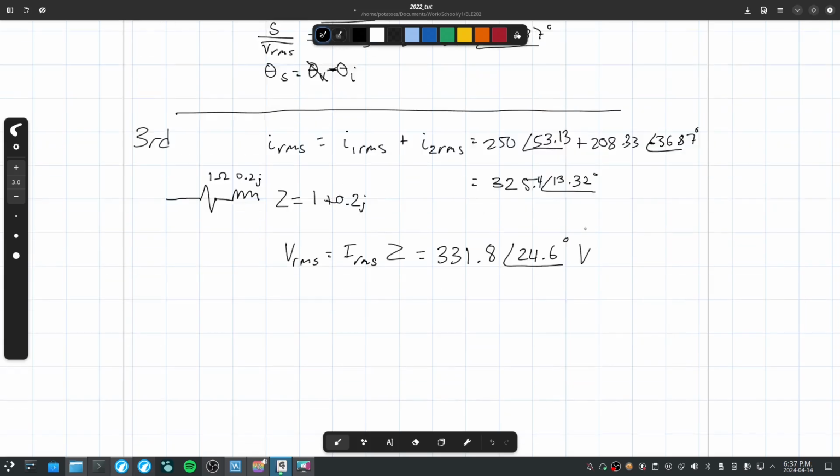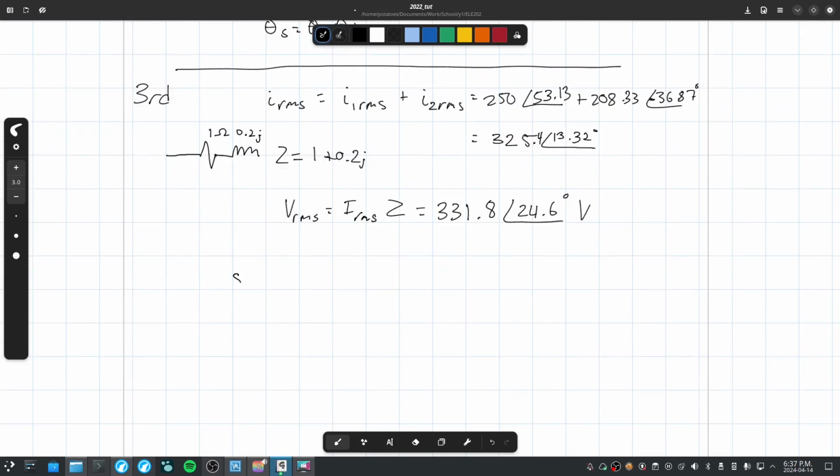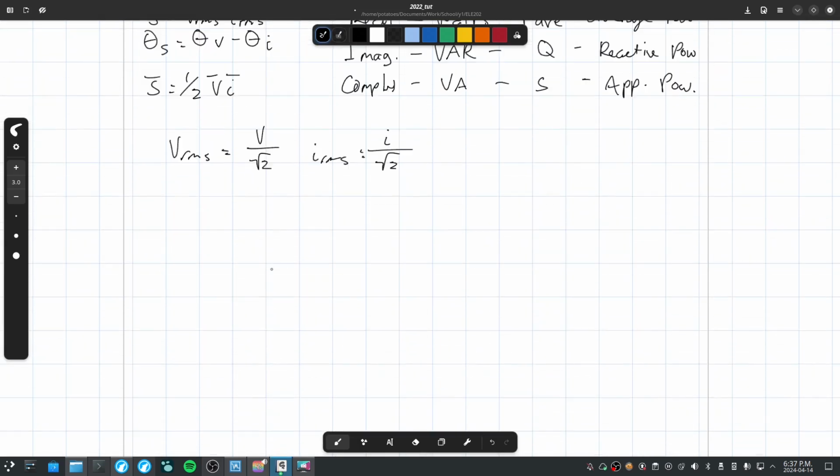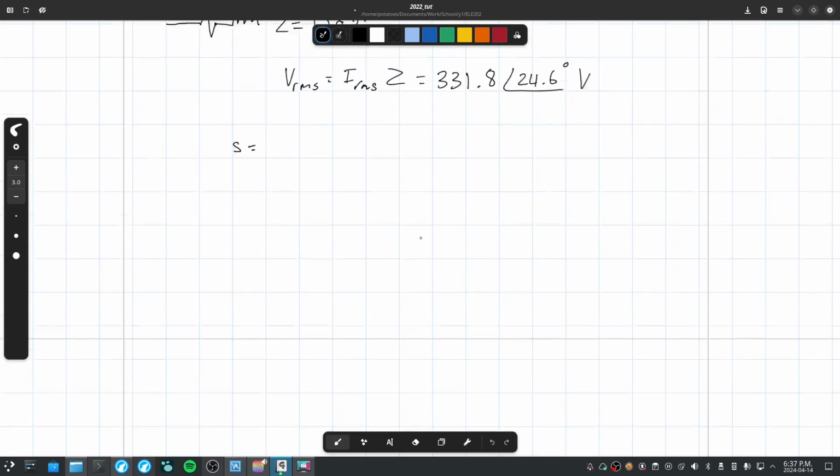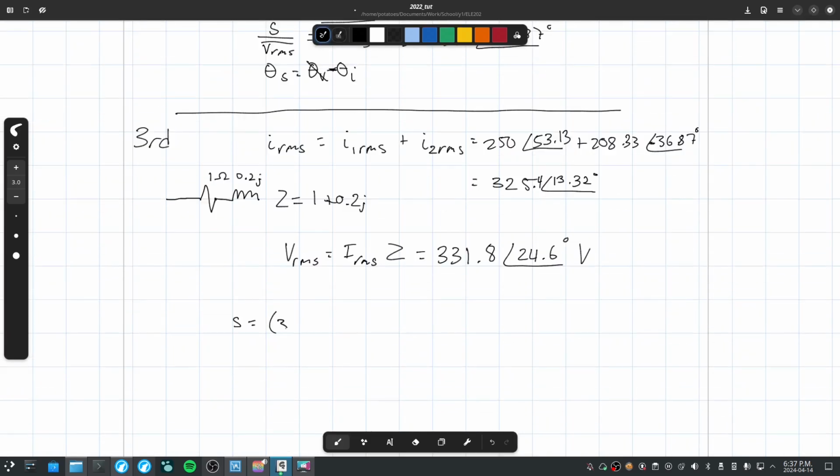And now, we can use our power formulas, right? Remember, the whole reason we did this is because we needed to find S, which requires V RMS and I RMS. Let me write down the formula here. S is V RMS times I RMS, and theta S is equal to theta V minus theta I. So the magnitude of S is going to be 331.8 times 325.4.